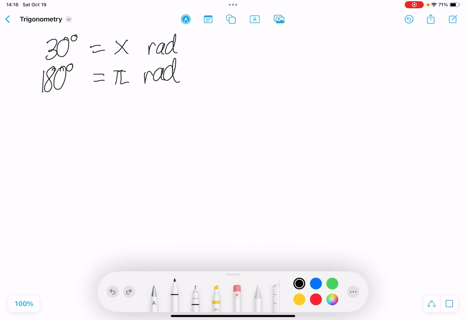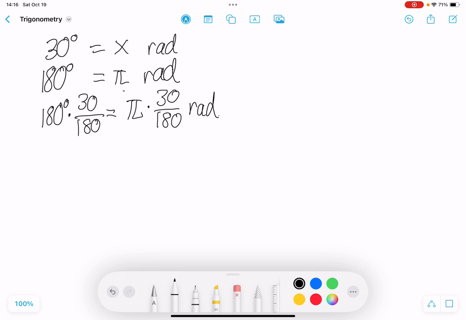What this means is that if I multiply 180 degrees by 30 over 180, and I multiply the same thing on the other side, pi times 30 over 180 radians, then I get the angle for 30 degrees in radians, because the 180 cancels.